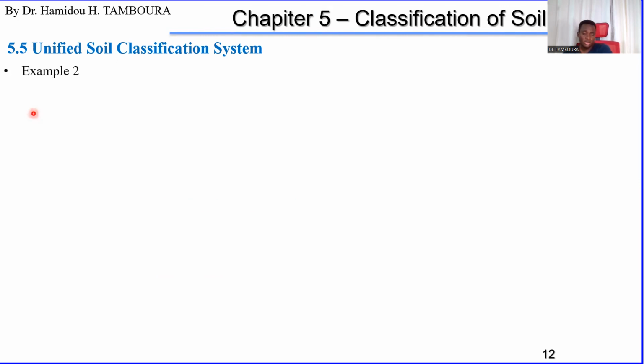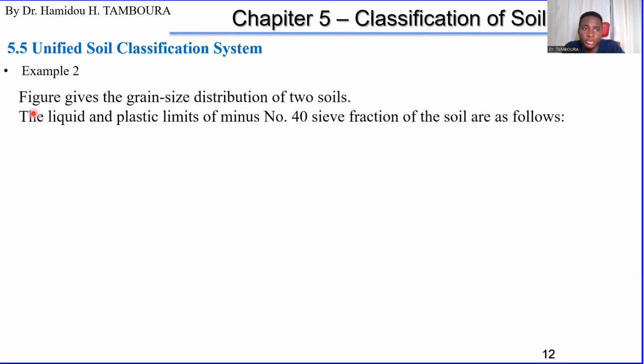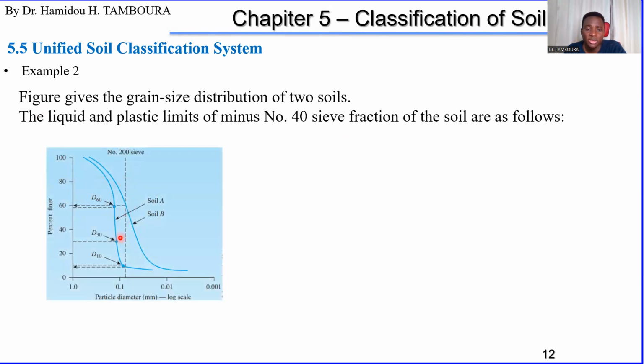Let's go to the next example, example number 2. For this example, we have the particle size distribution curves for two soils, soil A and soil B. And we have here the liquid limit and plastic limit, not the plasticity index, plus liquid limit and plastic limit.